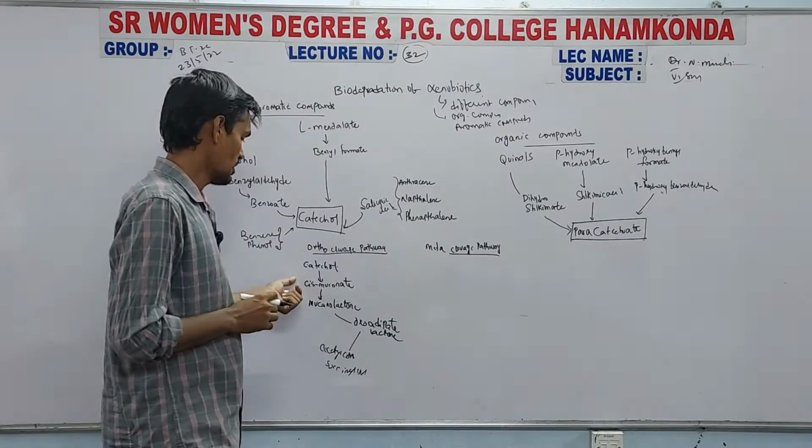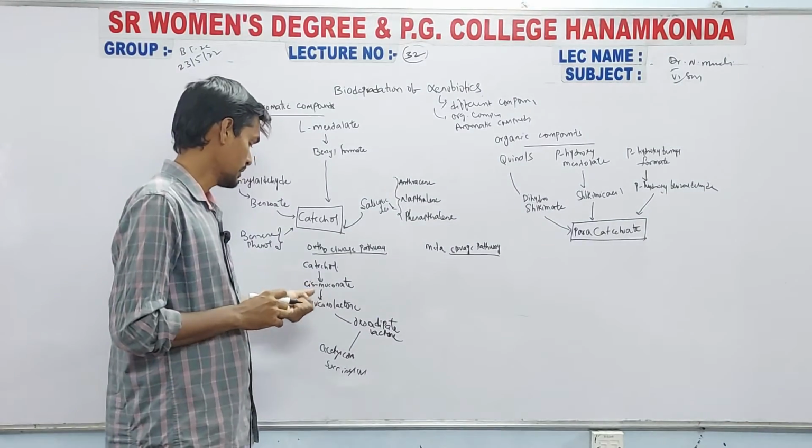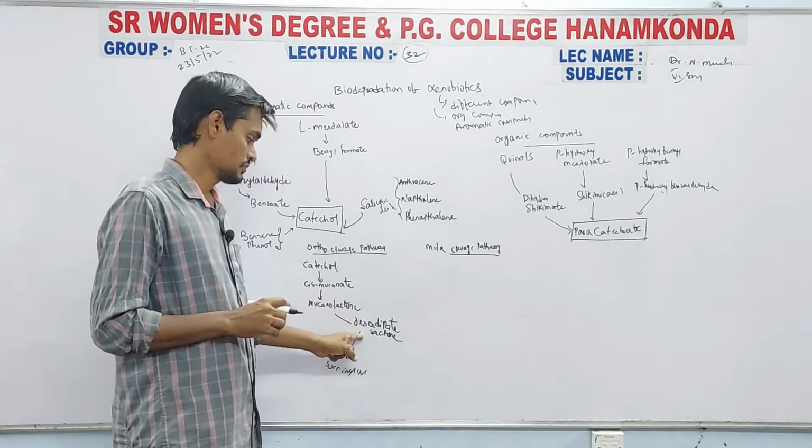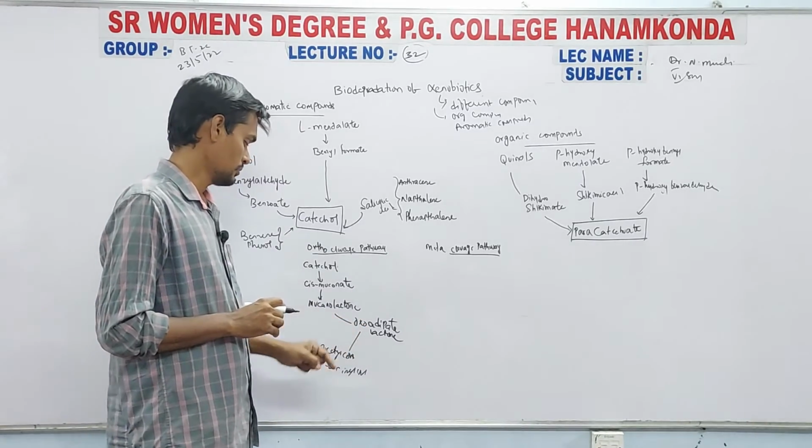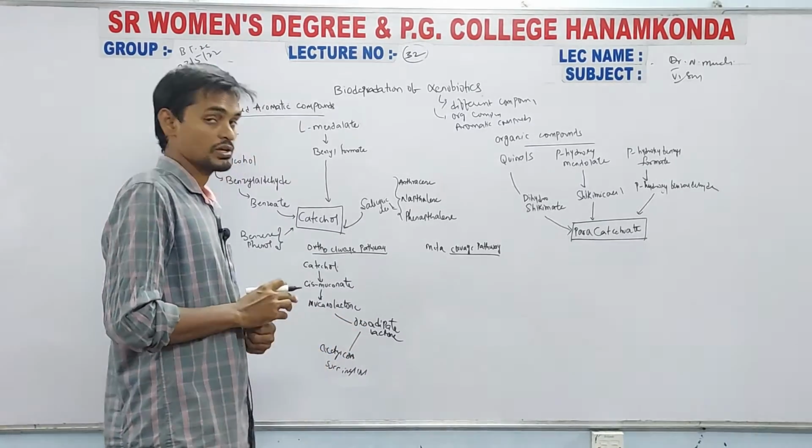So catechol undergoes degradation to form cis-muconate, muconolactone, oxoadipate lactone, and acetyl-CoA and succinyl-CoA.